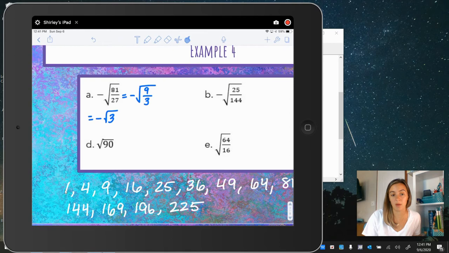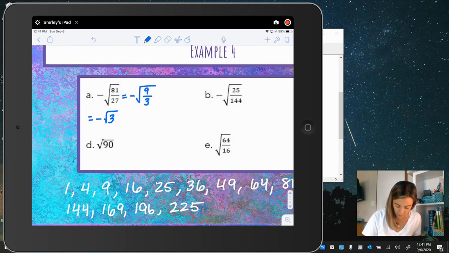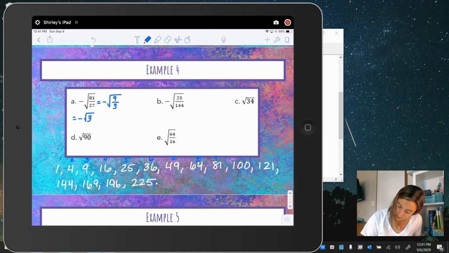So maybe not only am I going to write my perfect squares here, maybe above them I'm going to write what their square roots are. So the square root of 1 is 1. Square root of 4 is 2. 9 is 3. So I can see all of my square roots. 10, 11, 12, 13, and 14.